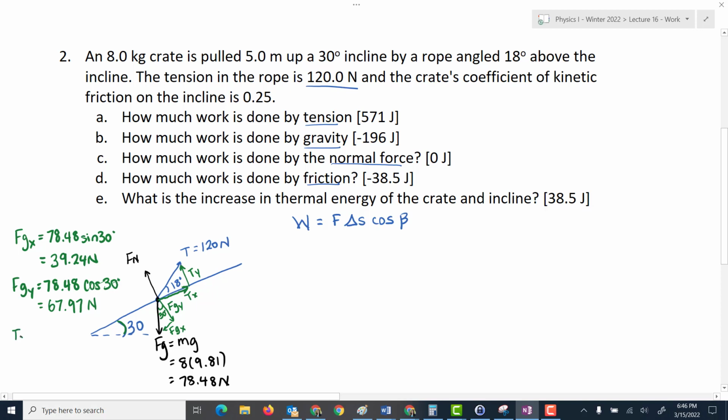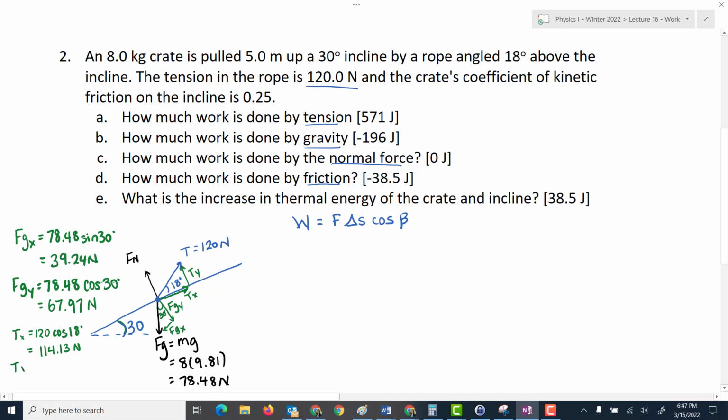So my tension x, we see that there's an 18-degree angle there. Tension in the x direction would be the adjacent side to that. So it would be my hypotenuse, which is 120. Since it's adjacent, we're going to use cos of the angle, which is 18 degrees. So 120 cos 18, and that gives us 114.13 newtons.